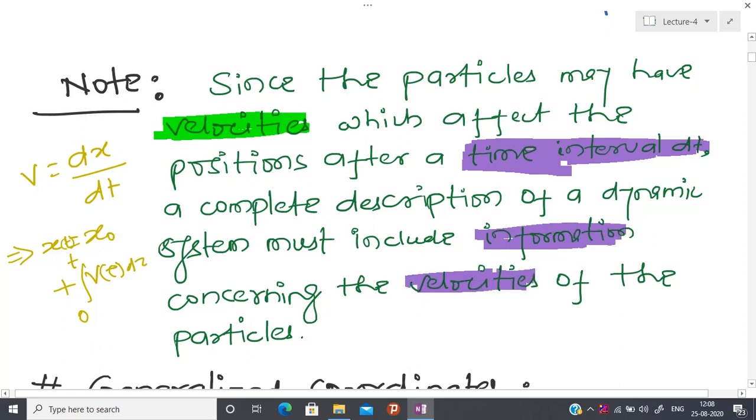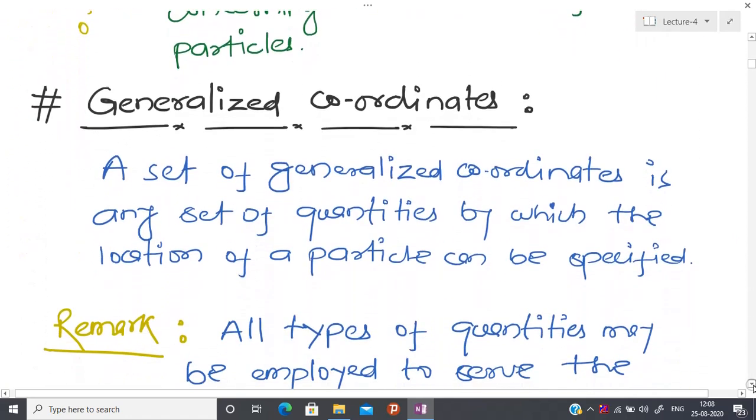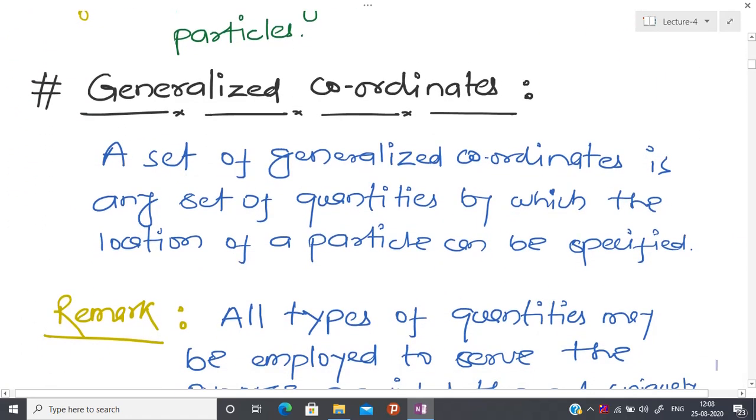Due to that reason, we are talking about two things. One particular thing is the coordinate system. The coordinate system specifies the location or state of some object, and after that we are seeing the rate of change of that object.